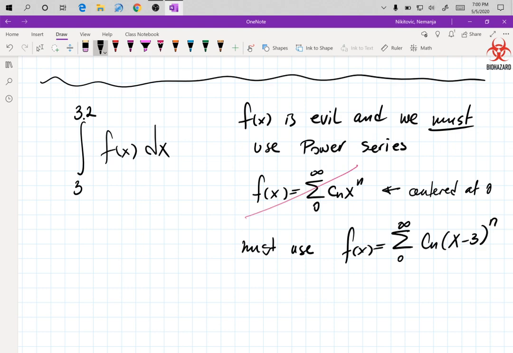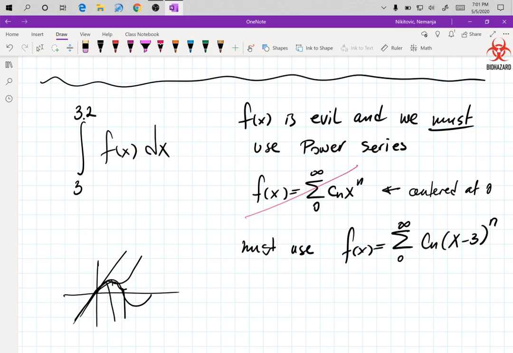Remember what's happening with your approximations for sine and cosine, right? If you use one approximation, it's cool. Then you use the other approximation, it's a little bit better, and then the next one better, and then the next one better, right? So every time you add more terms, it's better and better.